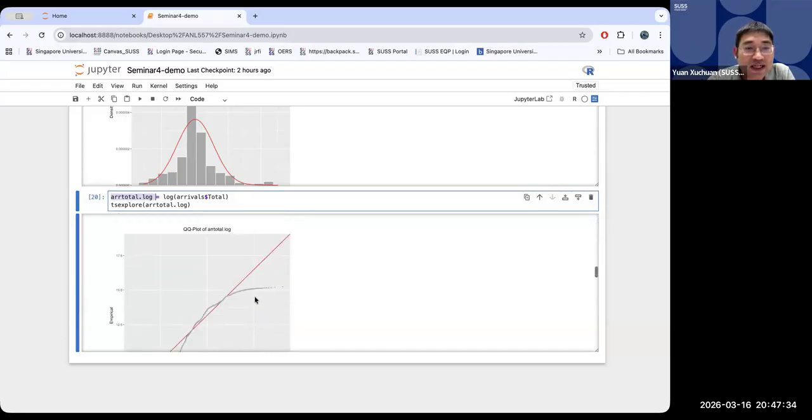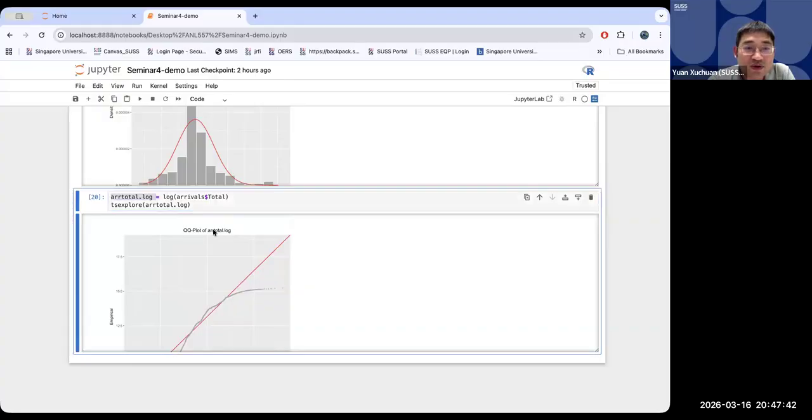And if you look at the QQ plot, clearly this refers to the log time series, and they are not normally distributed. Definitely not normally distributed, right? And the ACF decays slowly. Maybe we can explore with lag equal to 60.